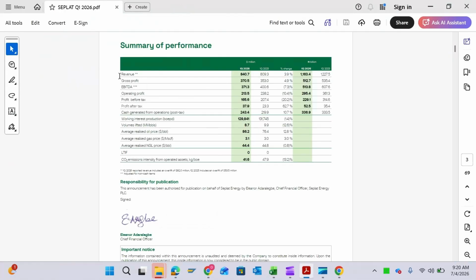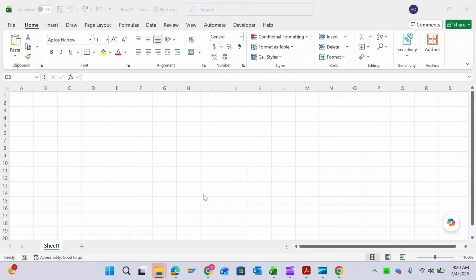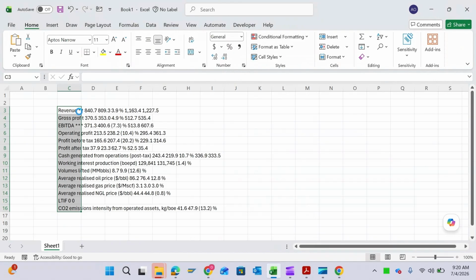So note this, if you hold down your mouse and drag, see how it's going to appear. And if you copy like this, come to your Excel and paste it, see, it doesn't make sense. You can't even use this, it's not well formatted.